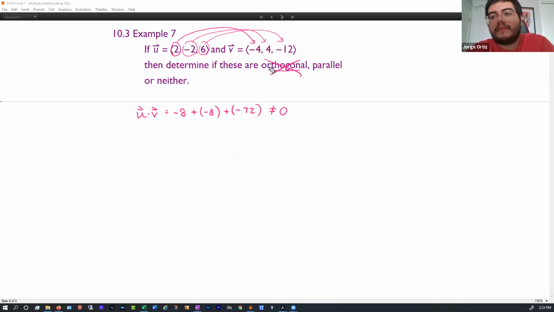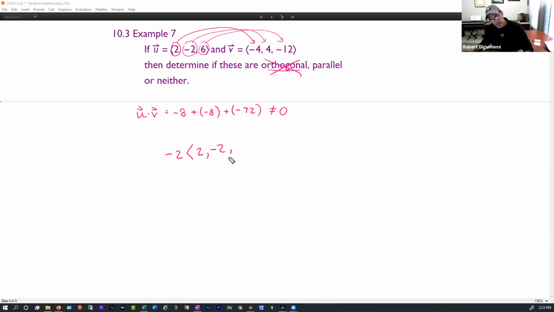Also -2. So it appears that if I scale the original vector by -2, I get the other vector V. Do y'all see that? If I take this vector and scale it by -2, I get the other vector, which means that these are scalar multiples of one another, which means they're parallel.